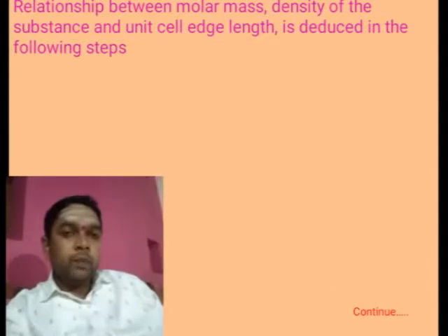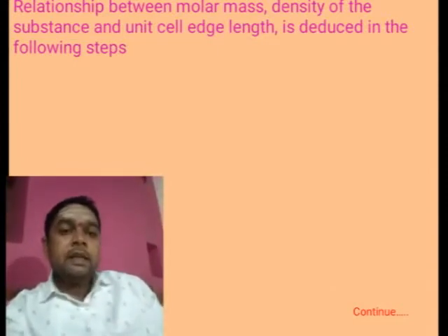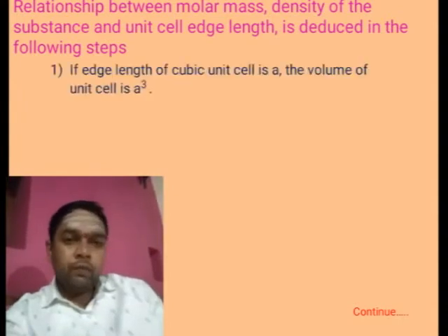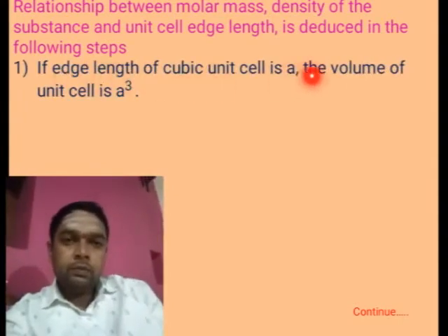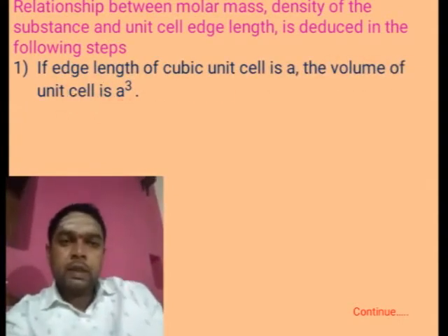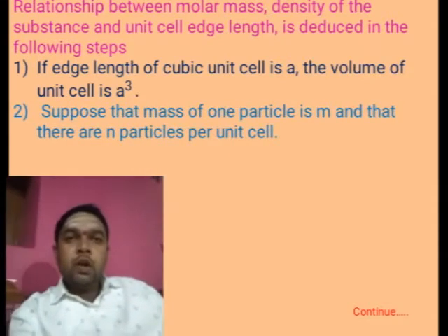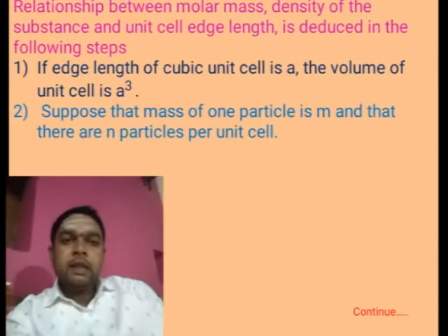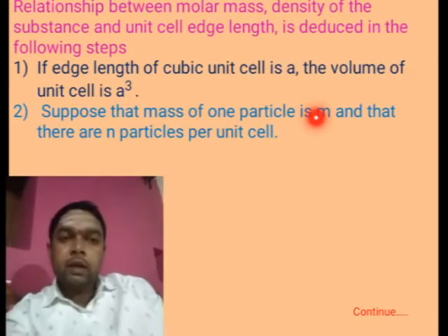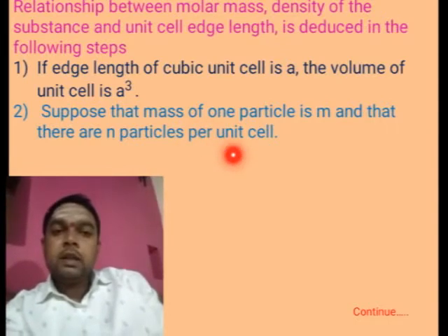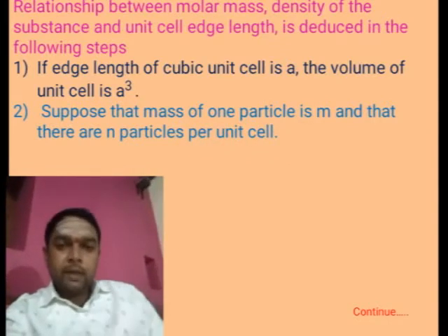Consider a cube having edge length a. The volume of the unit cell is a cubed. Suppose the mass of one particle is m, and there are n particles present per unit cell.